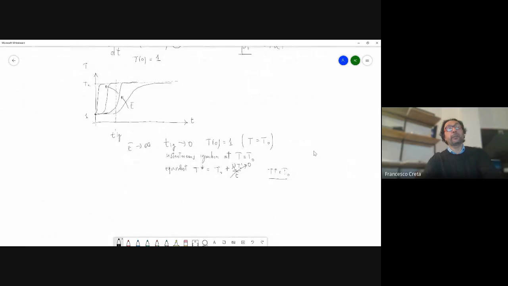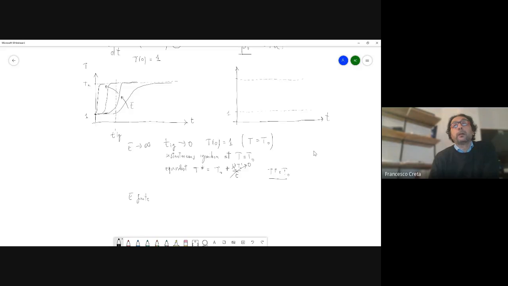Then you could also think of doing something else. Keep E finite. How do we bring the ignition time to 0?